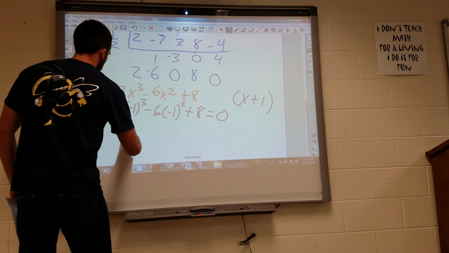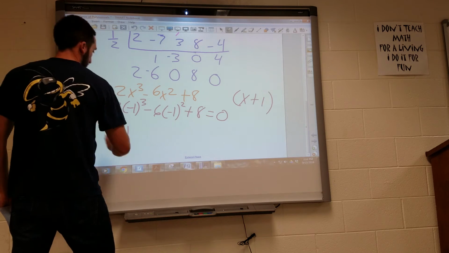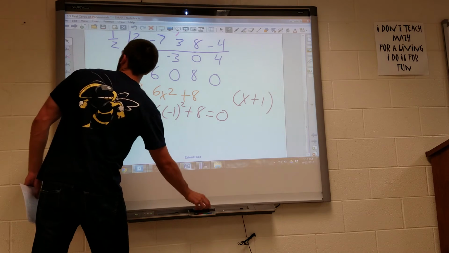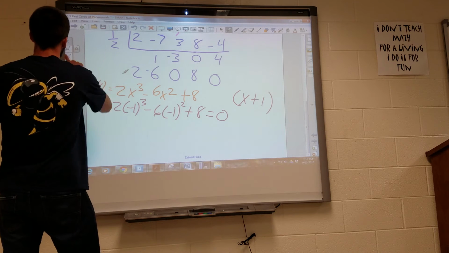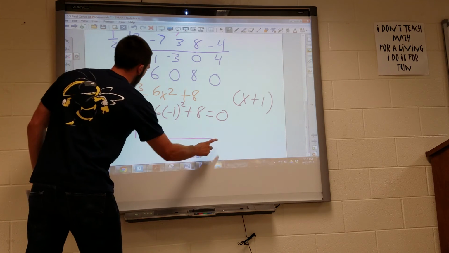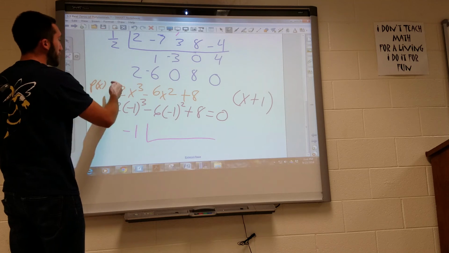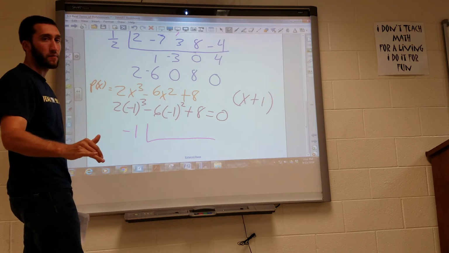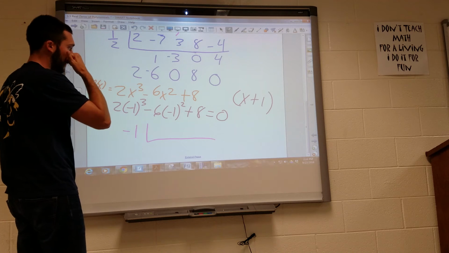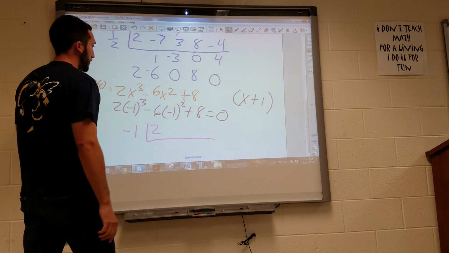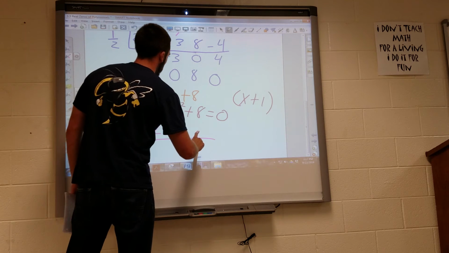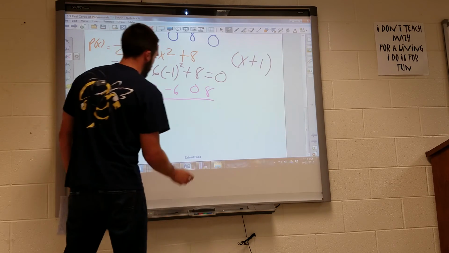So -1, I want to use a different color so I can separate. Then just the coefficients of my new 3rd degree, because I've divided by a factor already. I don't have to go back to the 4th degree. So my coefficients are 2, -6, 0, and 8.